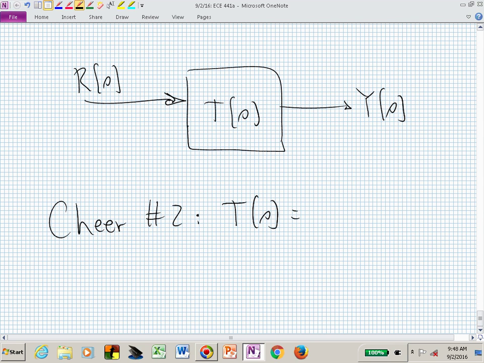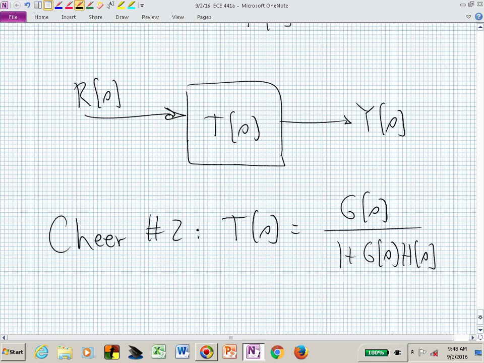So if I say give me a G, give me an H, give me a G over 1 plus GH, there's our second cheer. Go team.